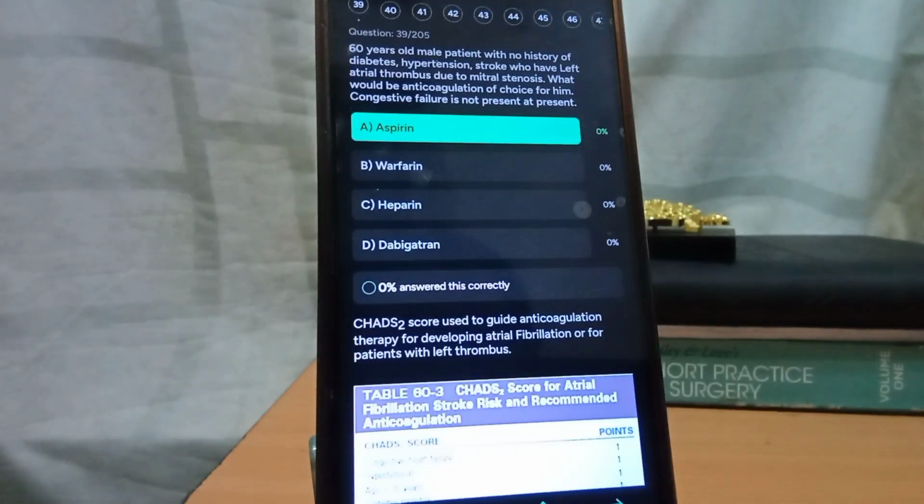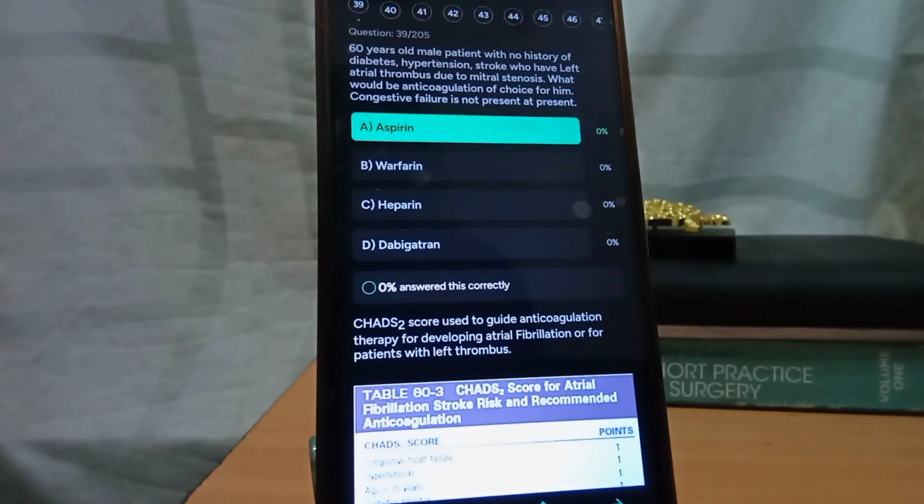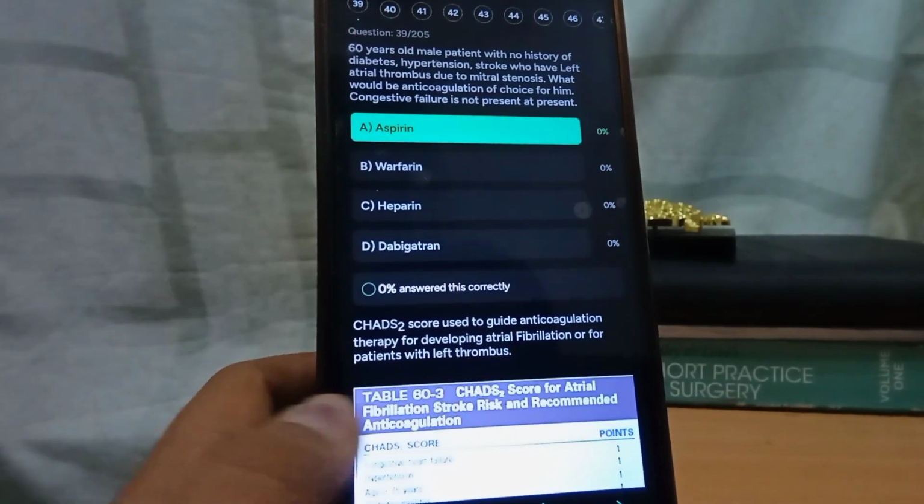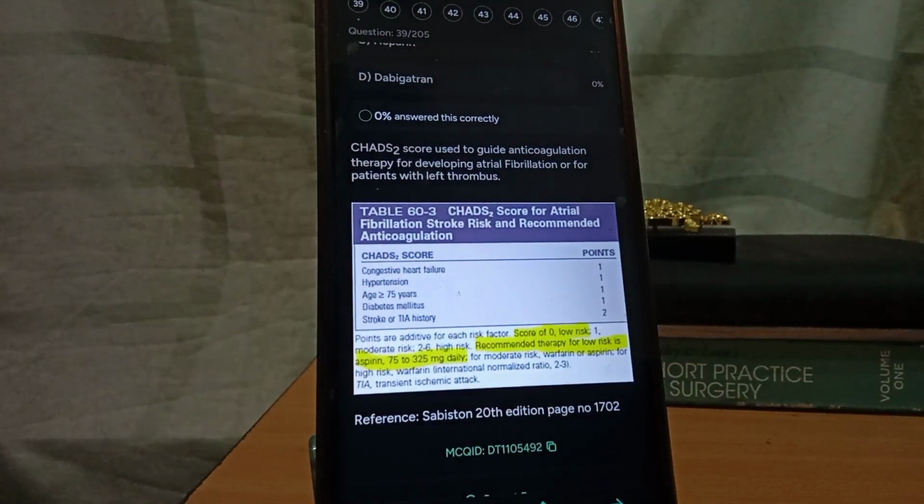A 60-year-old patient with no history of diabetes, hypertension, who has left atrial thrombus due to mitral stenosis, what would be the anticoagulation of choice for him? And congestive failure is not present. So the table is CHADS2 score for atrial fibrillation, stroke risk and recommendation.